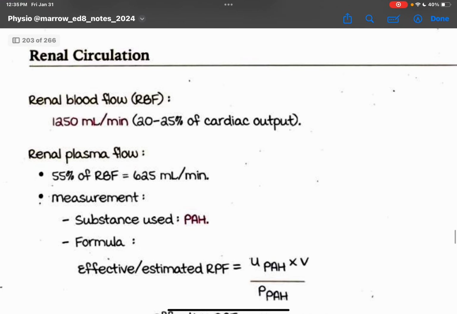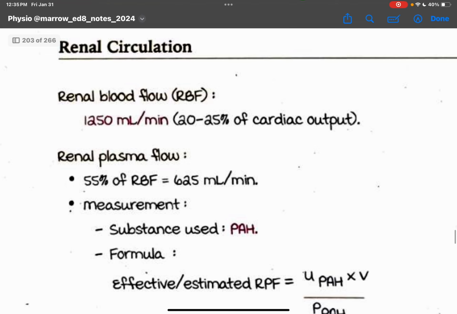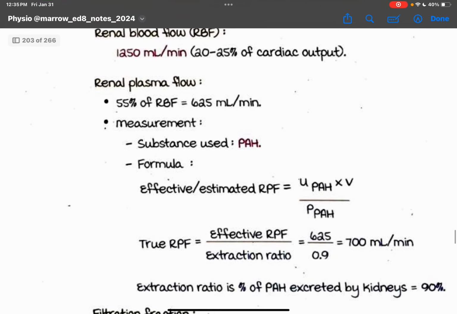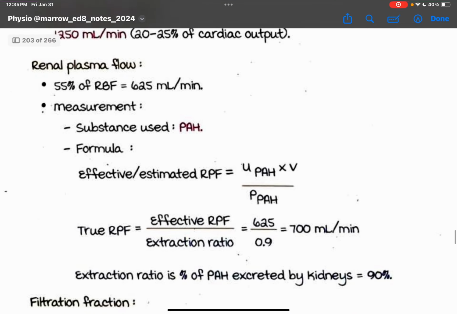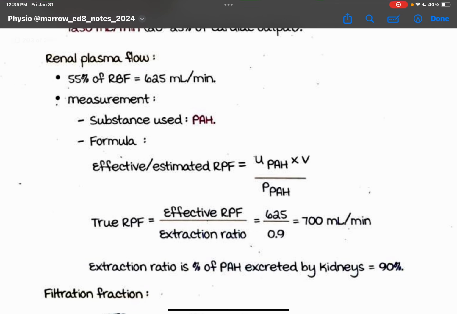Renal circulation: renal blood flow is 1100 to 1250 mL per minute, which is 20 to 25% of cardiac output. Renal plasma flow is 55% of renal blood flow, which equals 625 mL per minute. The substance used for measurement is para-aminohippuric acid. Formula: effective renal plasma flow equals urine concentration of PAH times volume divided by plasma concentration of PAH.